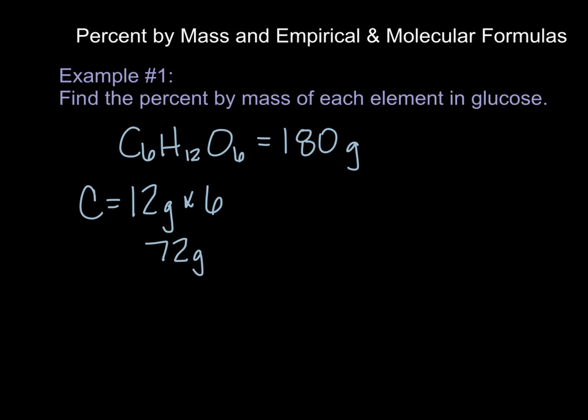of glucose. My hydrogens have a molar mass of 1 gram per mole, and I have 12 hydrogens in my glucose, or 12 moles of hydrogen in 1 mole of glucose.